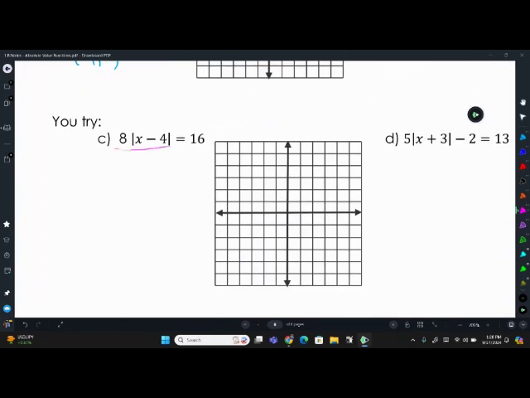All right, let's divide this by 8 on both sides. Absolute value of x minus 4 equals 16 divided by 8, which is 2. So again, the absolute value bars are by themselves, so 1, 2, 3, 4, then up 1 and right 1, up 1 and left 1. Now, our slope for all of these so far has been up 1 and right 1 and then up 1 and left 1.